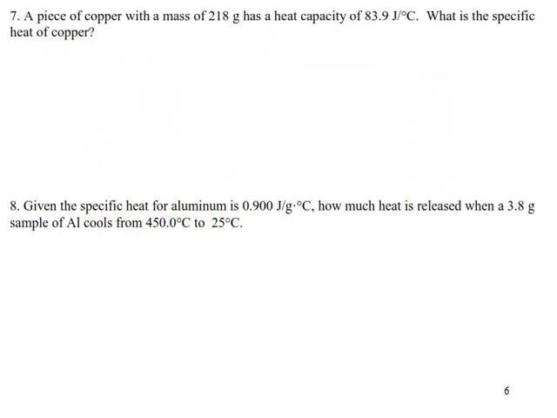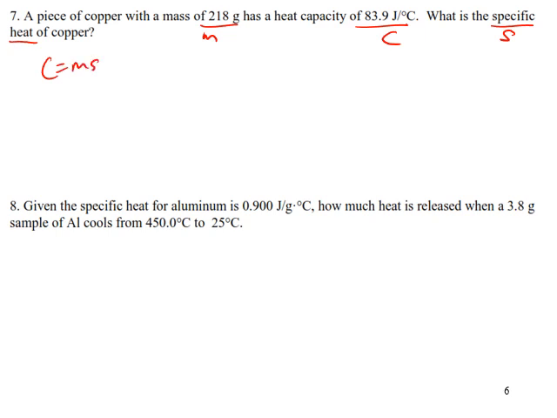A piece of copper with a mass of 218 gram has a heat capacity of 83.9 joule per degree Celsius. What is the specific heat of copper? So the heat capacity we have here, this is C, this one is m. Specific heat, the symbol will be s. So you can see m, C, s, so we have one formula to relate them all.